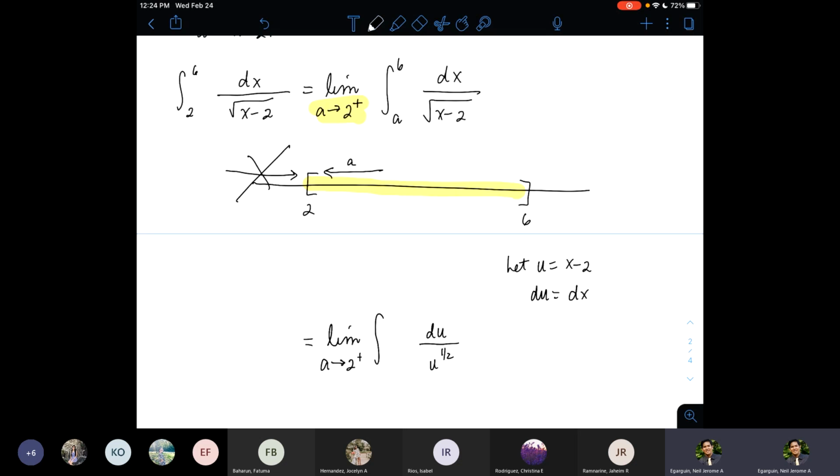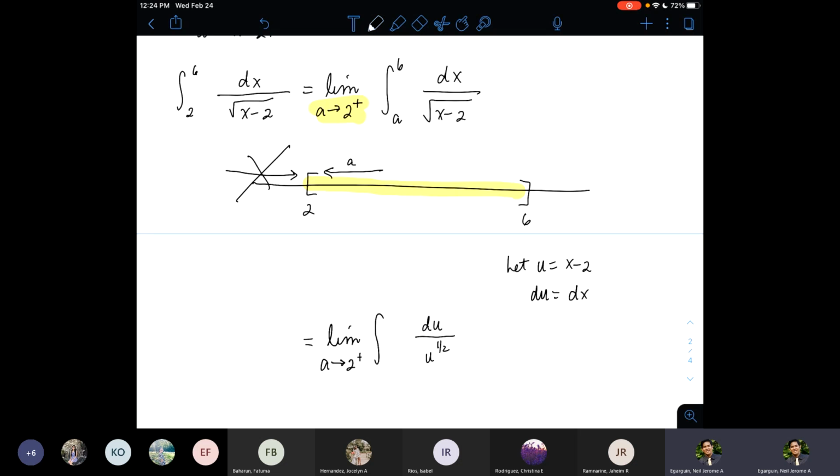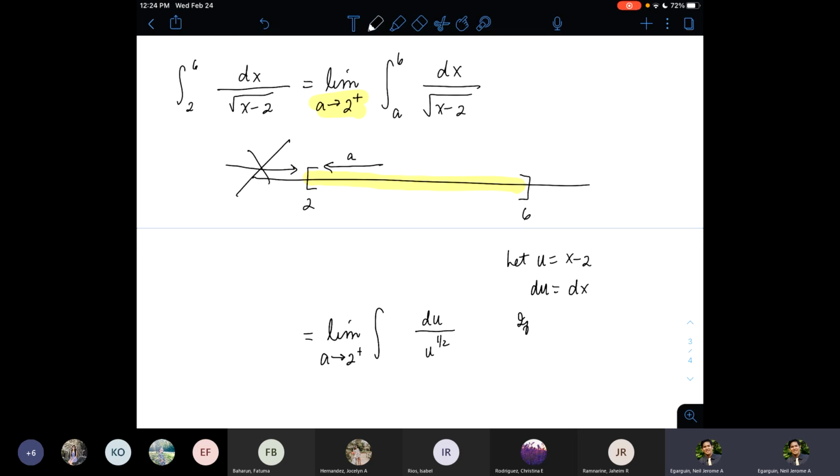But now, since I changed the variable from x to u, I should also change the bounds. And that's one of the drawbacks of this solution notation that I chose. I'll show you an alternative one later, but if you decide to do it straightforward like this, when you change the variables, you should also change the bounds. Okay, so that means if the lower bound for x is a, so if x is equal to a, then u will be equal to a minus 2.